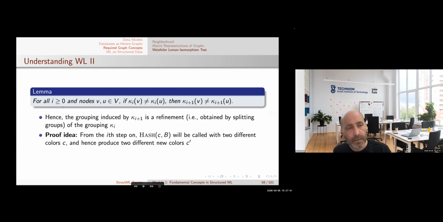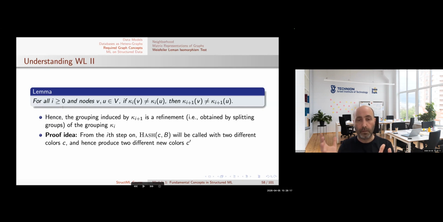Now, the next lemma is very important, and it basically says that what the algorithm does is refinement of groups. It doesn't unite nodes that were in different groups. It can only split groups. And why is it so? Well, what it says is that if two nodes have different colors at some step, then they will continue having different colors in the next step. Okay? So again, the algorithm can only break groups.